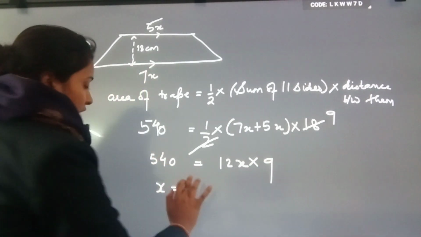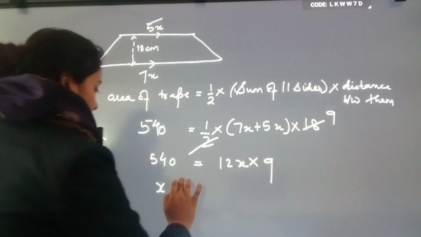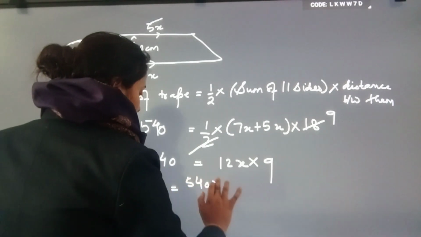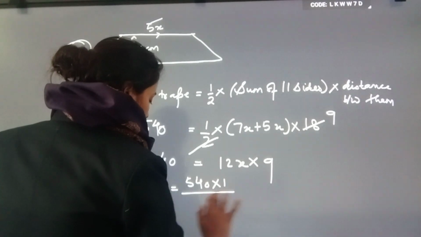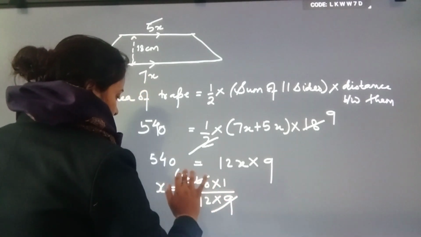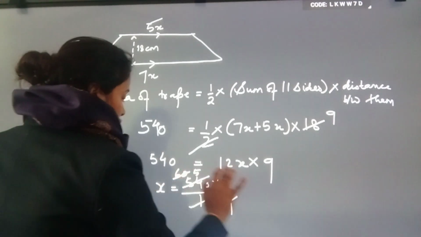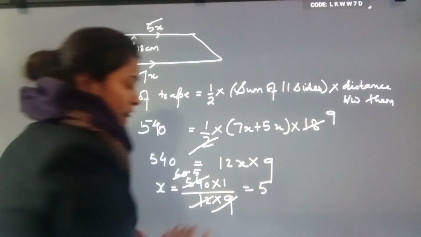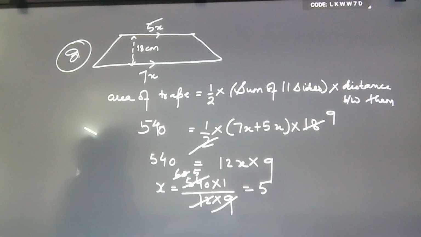Now what do we have to find? We have to find the value of x, which is equal to 540 upon 12 into 9. This will be 60 upon 12, so we will get the value of x as 5. The question is asking you to calculate the length of the parallel sides.